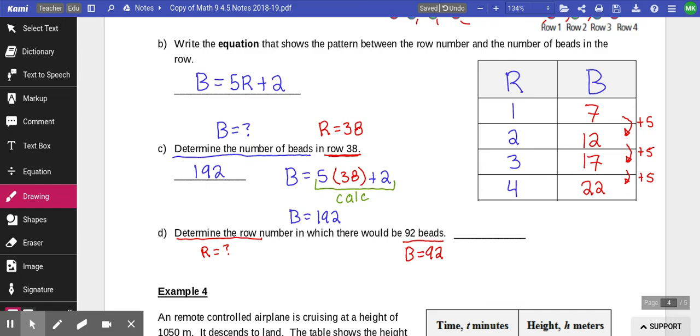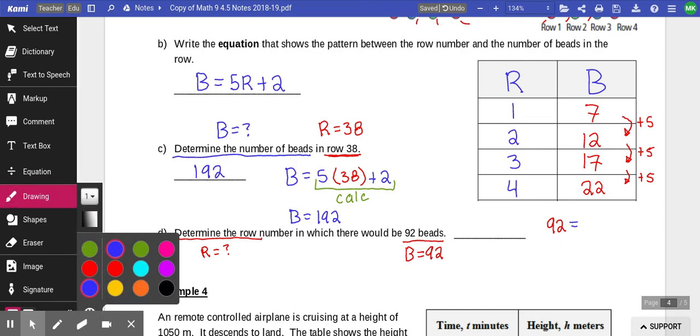We go back to our equation. We change B to be 92. So I have 92 equals 5R plus 2. Your goal is to get R by itself. So I'm going to minus 2 as my first step. I subtract 2 from both sides.